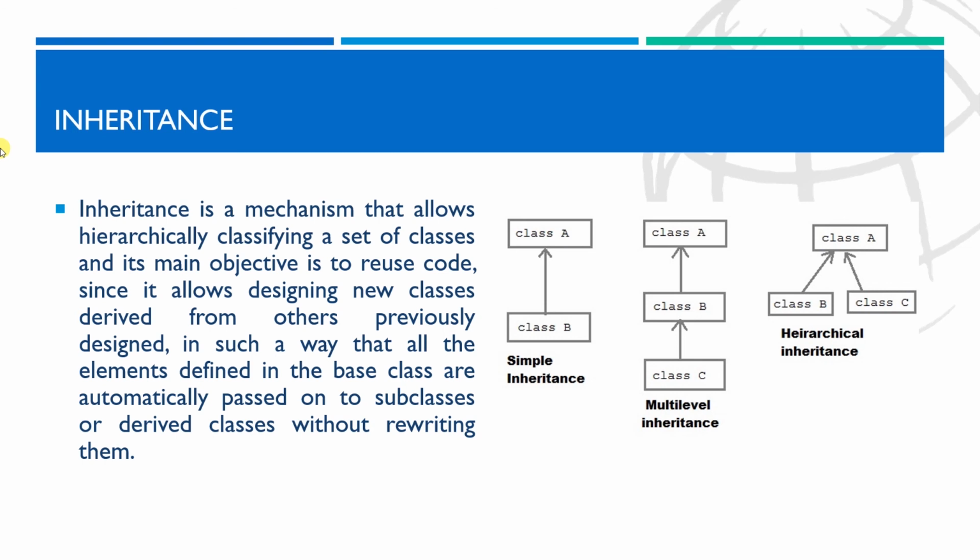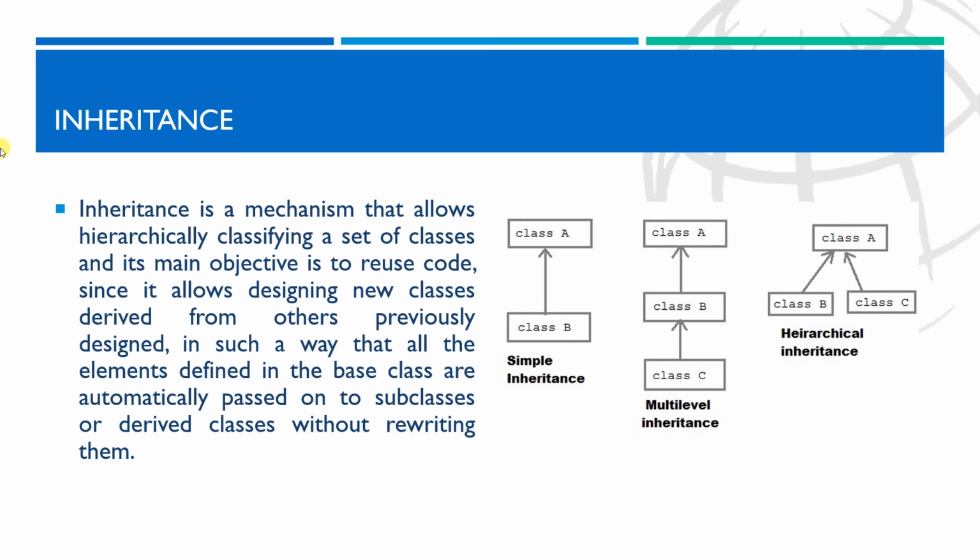The class that inherits from the other class is known as the subclass. The subclass can add its own fields and methods in addition to the superclass fields and methods. And reusability: inheritance supports this concept.